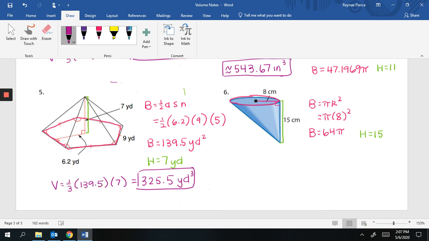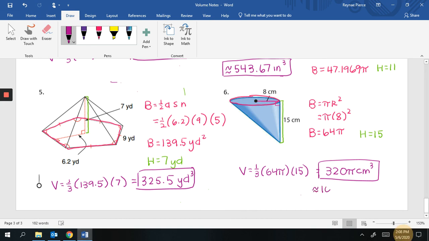And to find that volume, we take 1/3 times the area of the base times the height to get an exact answer for this one of 320 pi centimeters cubed. And if we want the approximate answer, it's about 1005.31.